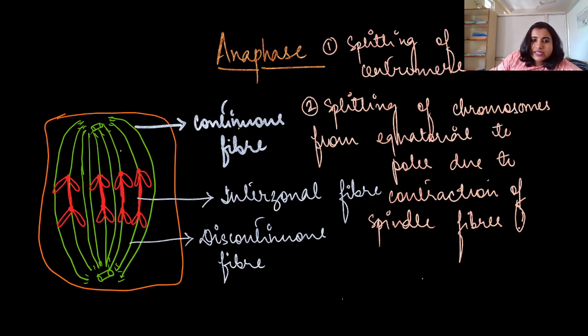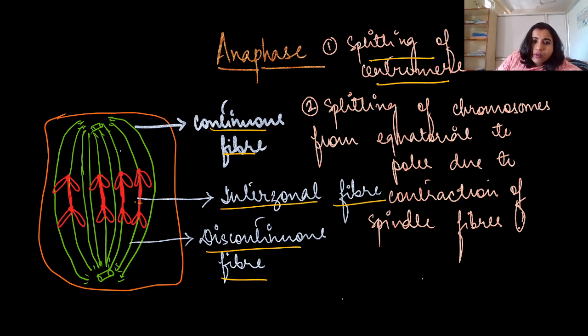Coming to anaphase, in anaphase the sister chromatids start splitting. So we can say that splitting of the centromere takes place. That means the centromere gets split in opposite directions, and this is the continuous fiber, which we call the interzonal fiber, and this is the discontinuous fiber.